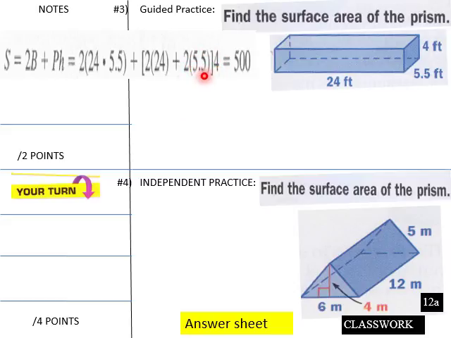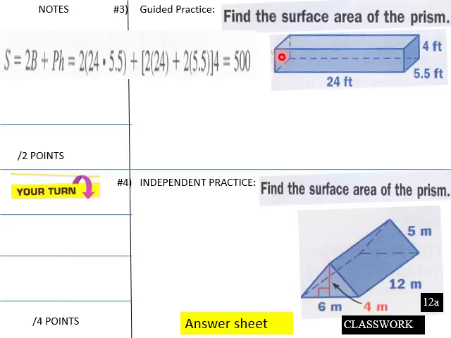And then our lateral areas would be here, 24 times 5.5 times 4. And we have 2 of those. The way they did it here, 2 bases, what they're doing is 24 times 5.5. This is a base and that's a base.